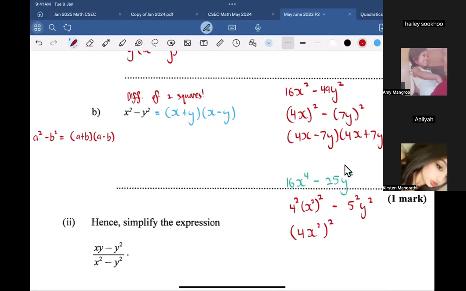You catch what I did there? Because I square the 4 and I square the x squared. And over here is just 5y squared. So is this a difference of two squares form now? Then I would say 4x squared minus 5y, times 4x squared plus 5y.